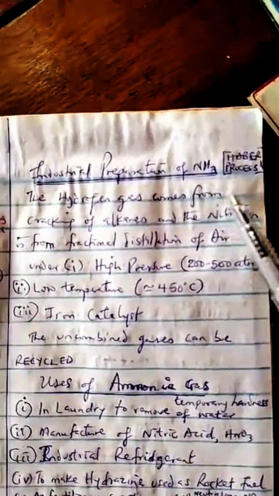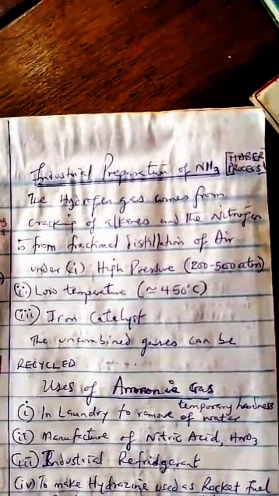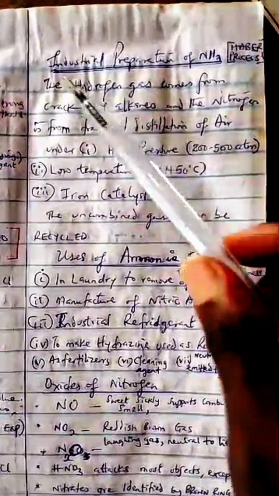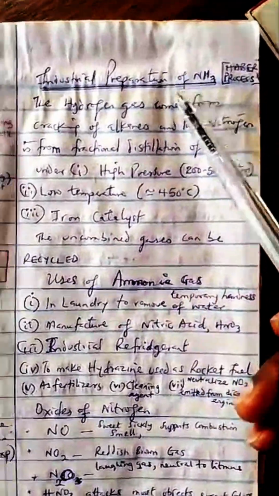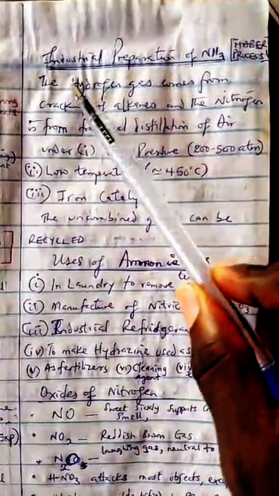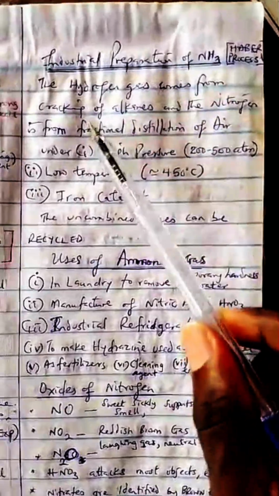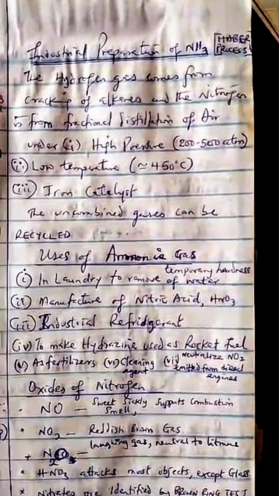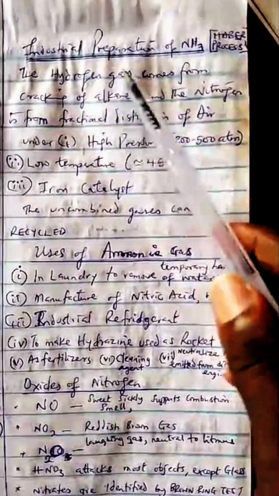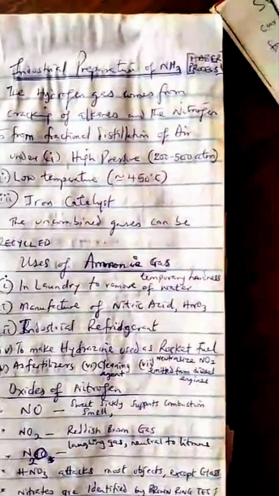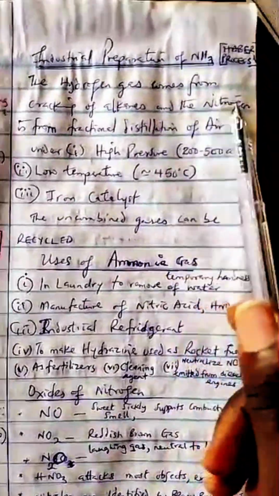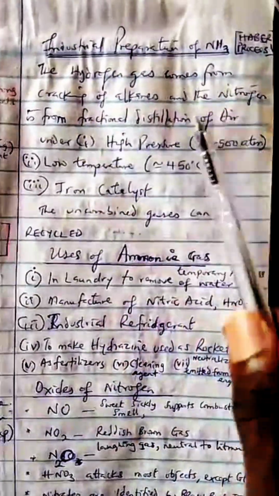Alright, let's look at the industrial preparation of ammonia now. We use the Haber process. The hydrogen gas comes from the cracking of alkanes, which gives hydrogen gas as one of the byproducts, and the nitrogen comes from the fractional distillation of air.